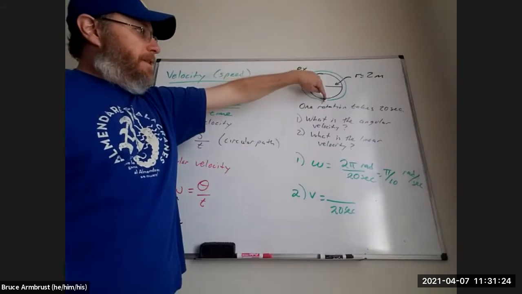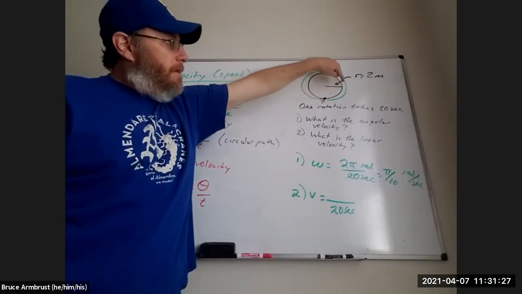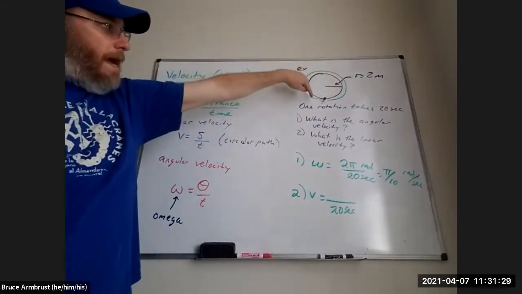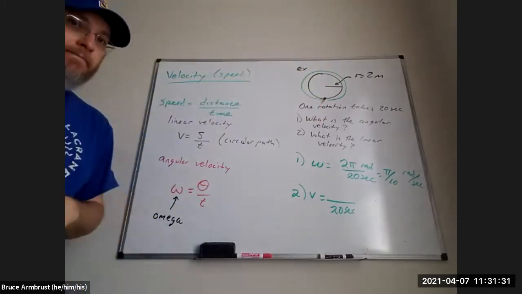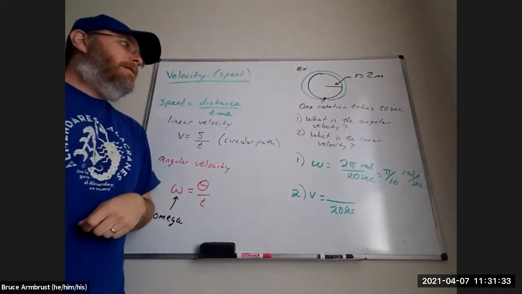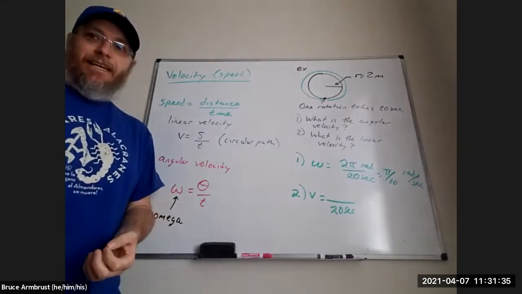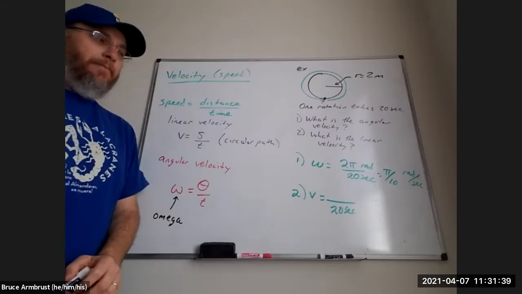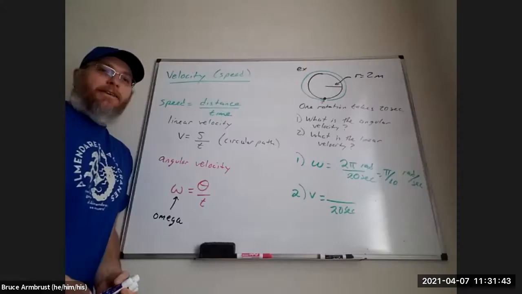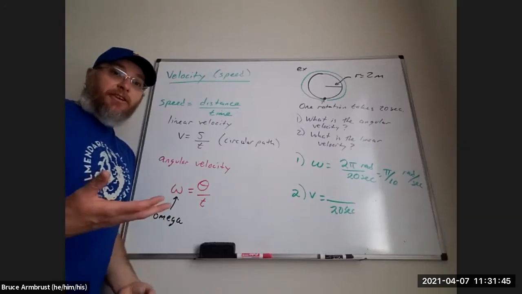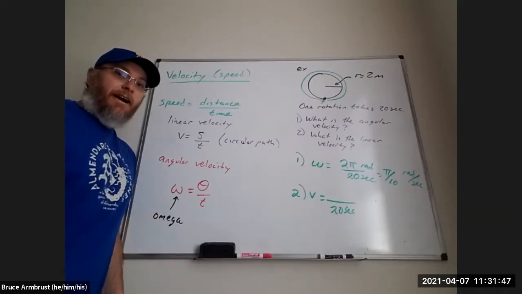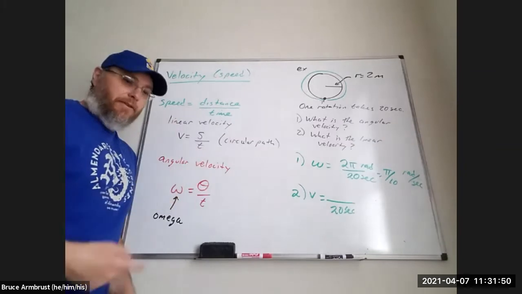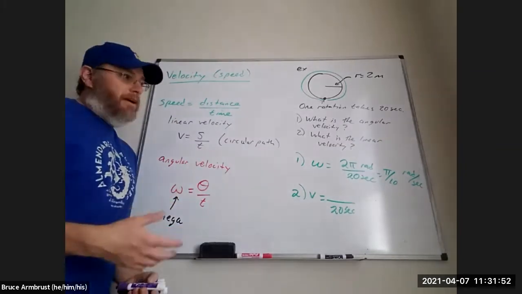We're watching this person at the end go around and come back to the same place at the bottom. So how much distance did they actually travel? Wouldn't it be 2 pi times the radius? It would exactly be 2 pi times the radius. Yeah, it's the circumference of that circle. How far did they travel? They went all the way around the circle, which is going to be 2 pi r.